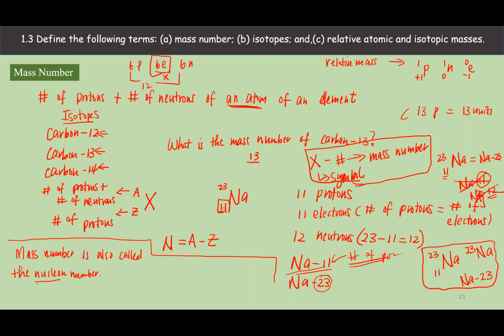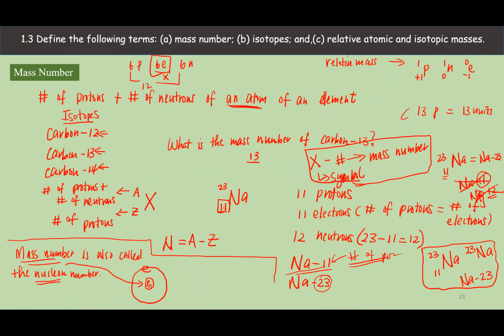It's called the nucleon number because if we look at the structure of the atom again, we have the protons and the neutrons in the nucleus, and then we have the electrons orbiting, and the mass number is found by just adding those two components, those things that are found in the nucleus and not in the shells. And as a result, we can call the mass number the nucleon number. So thank you for that, Vish. That is absolutely correct. No problem. Is that clear, Devin?